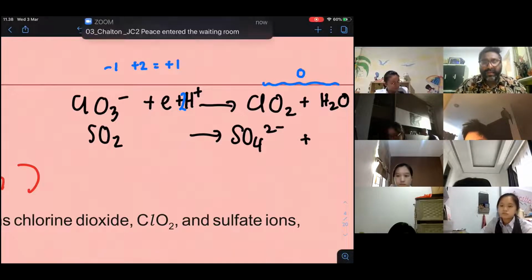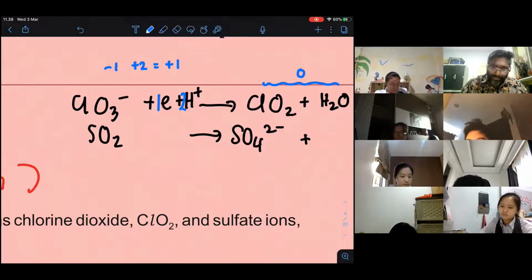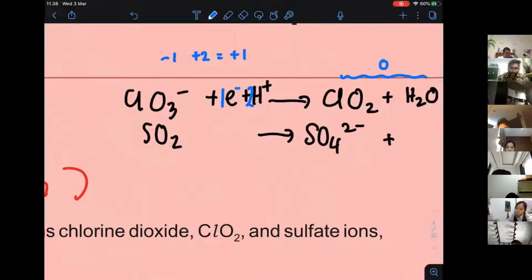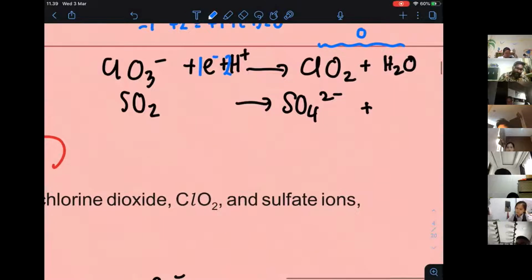I want left and right to have the same charge. So what I need to do is add 1 electron, so that I have +1 plus -1, so that you get 0. So that is how to determine how many electrons I should add. Now let's move on to the second equation. This is equation number 1.